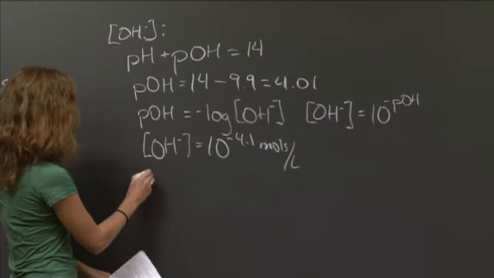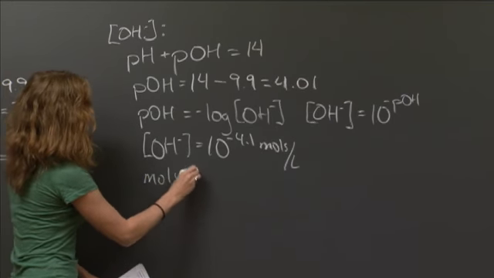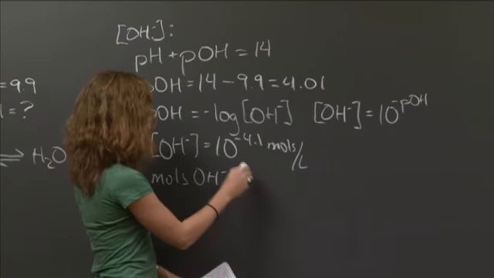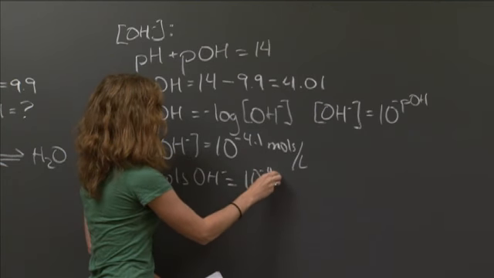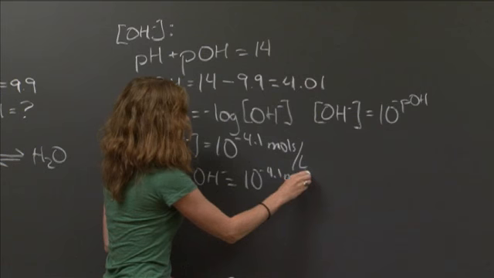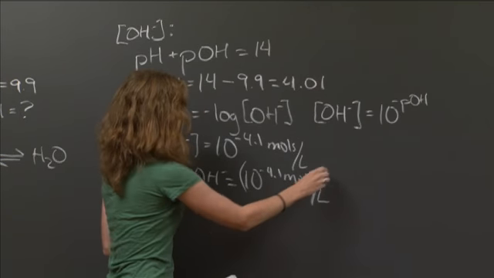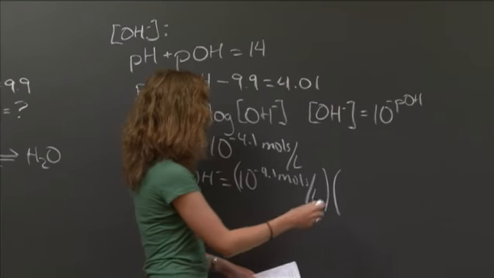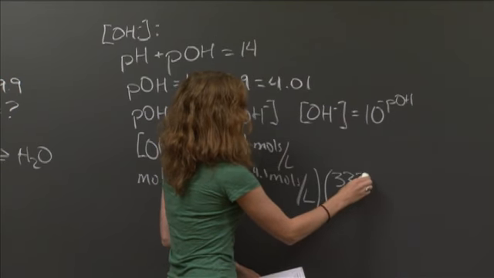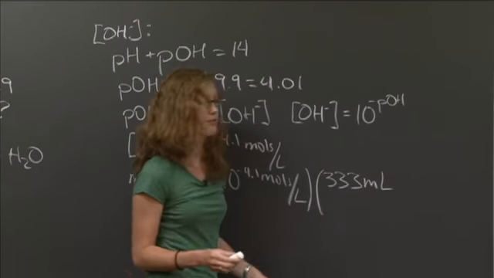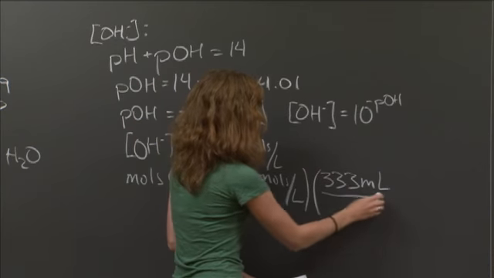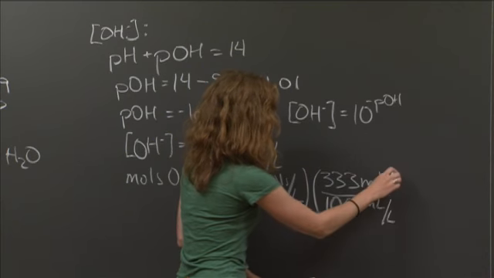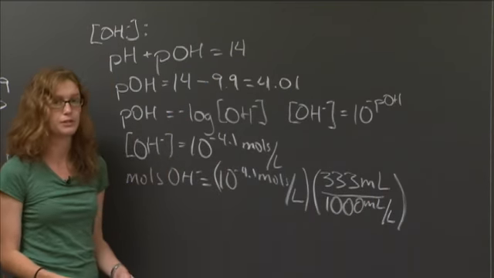So our moles of hydroxide equals our concentration, which is 10 to the negative 4.1 moles per liter, times, if we want to get rid of that liter unit, our volume, which is 333 milliliters, converting it from milliliters to liters.